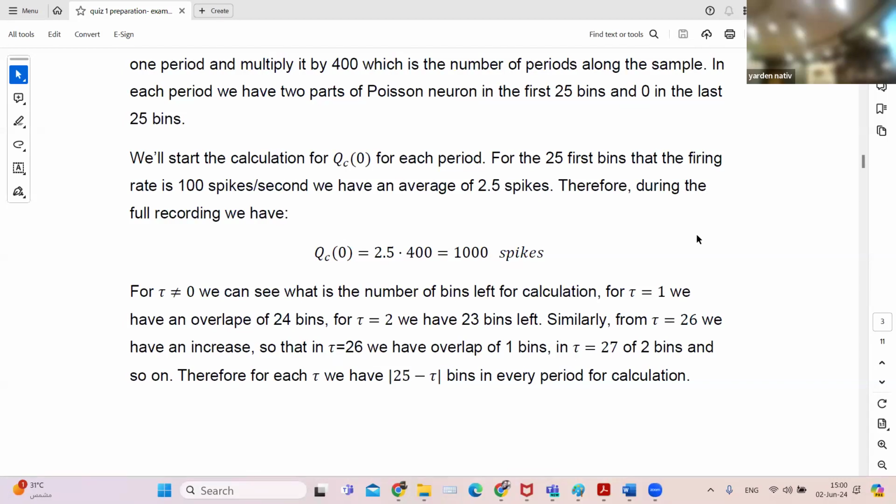So for each millisecond, the probability for a spike is 0.01, right? And this is the same for this one. So the probability that a spike here will meet a spike here is 0.01 multiplied by 0.01.